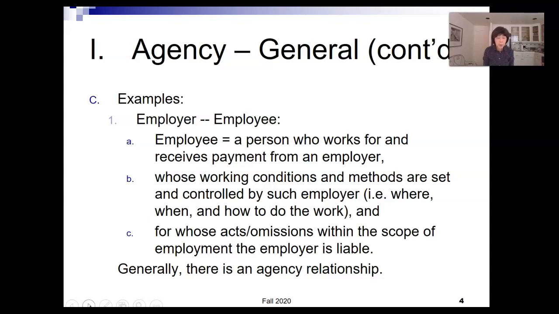And should the employee do something wrong or omit to do something, fail to do something, the employer is responsible, will be liable for any loss that occurs as a result of an action, as long as such action or omission was within the scope of employment. So generally speaking, when the relationship is described as employer-employee, there is an agency.